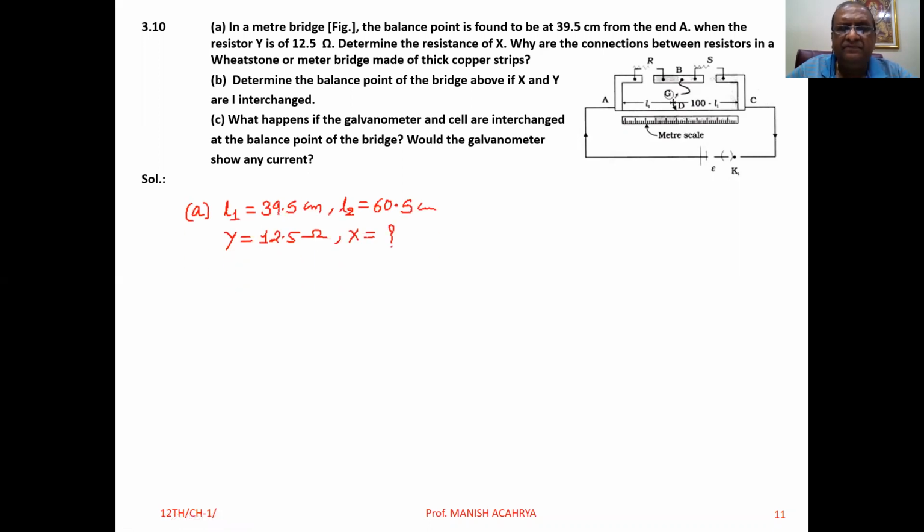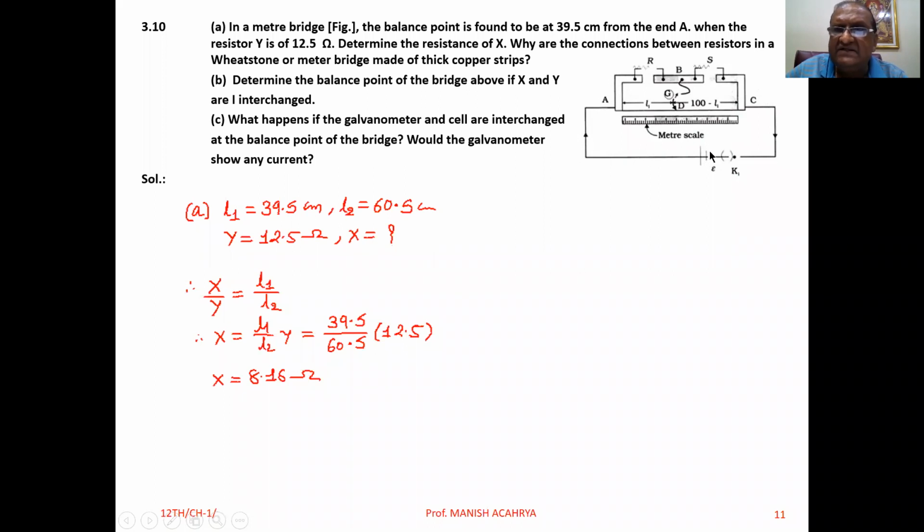Now see here. The balancing point initially you are getting at length L1, that is 39.5 centimeter. So at that time your L2, which is 100 minus L1, that is 100 minus 39.5, so that is 60.5 centimeter. At that time resistance Y is 12.5, and X is what you want to calculate.